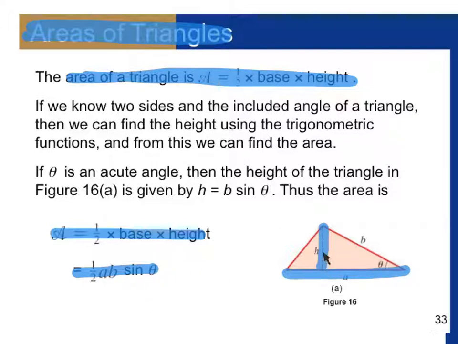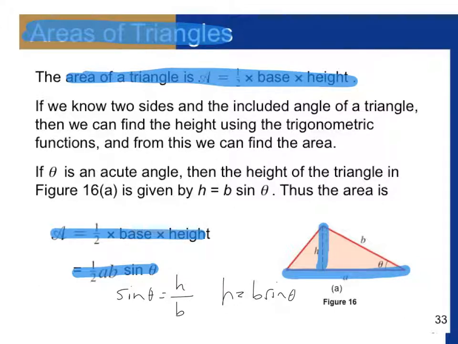Now, why is that? The reason is because of your height, and your theta is here. Sine of theta is opposite, which is H, that's not hypotenuse, that H is the opposite side, over hypotenuse, which is the B. Then if I multiply both sides by B, I get H equals B sine of theta.